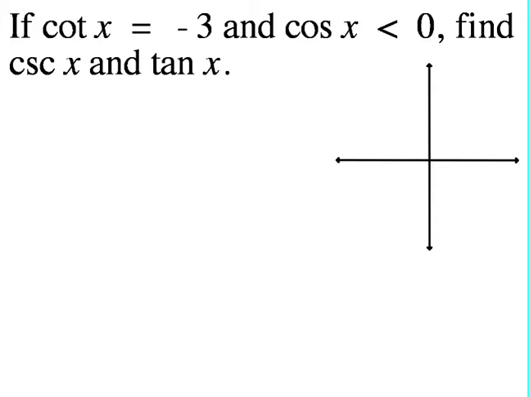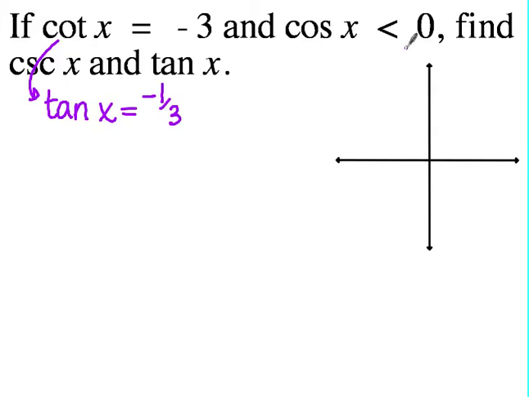Now notice what this says, if cotangent x equals -3. So cotangent x equals -3, really, what does that tell me that the tangent of x equals? -1/3, right? Okay. So let me think, tangent is negative and cosine is less than 0.